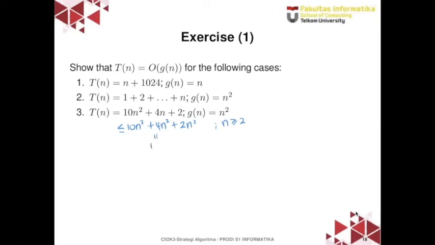Then it equals 16n squared, so we can consider 2 as n0 and 16 as C, so we can conclude that Tn is in big omega of n squared. The next one.